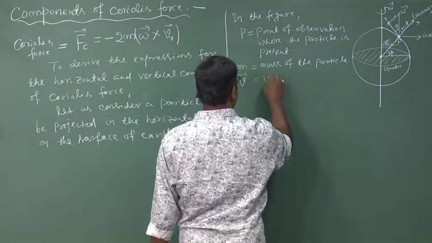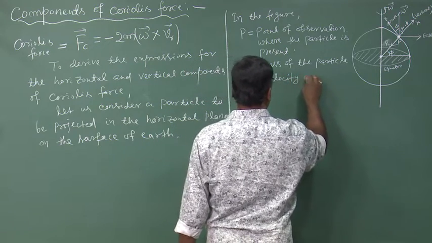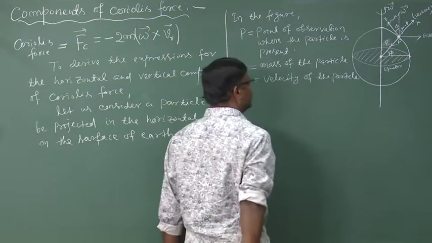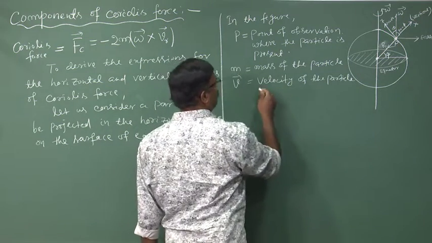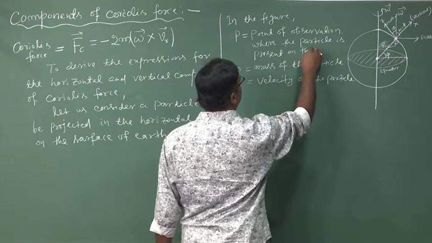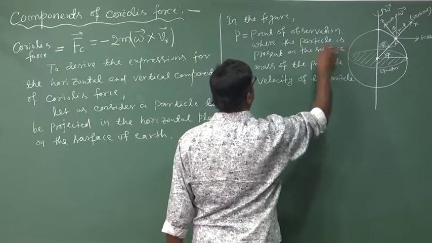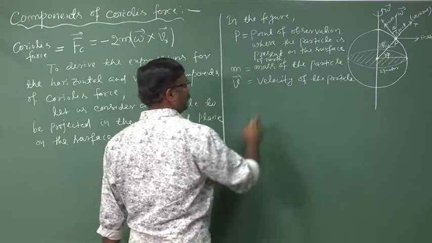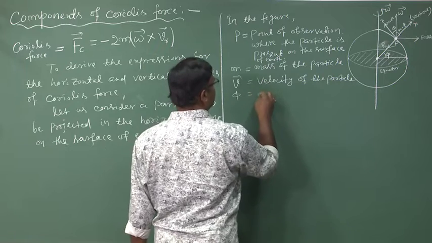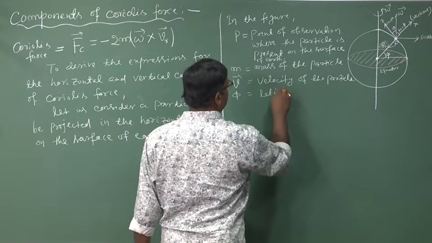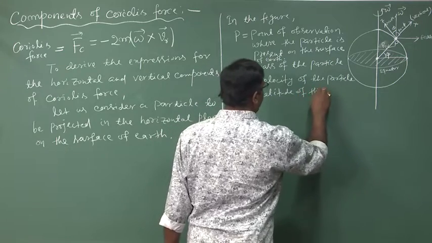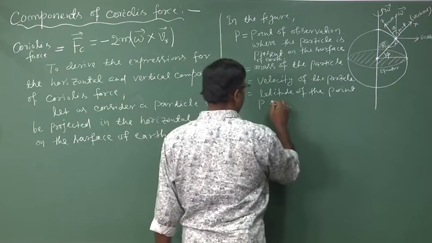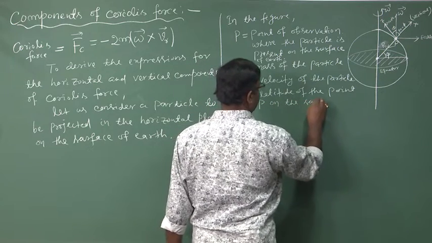V is equal to velocity of the particle on the surface of earth. Phi is equal to latitude of the point P on the surface of earth.